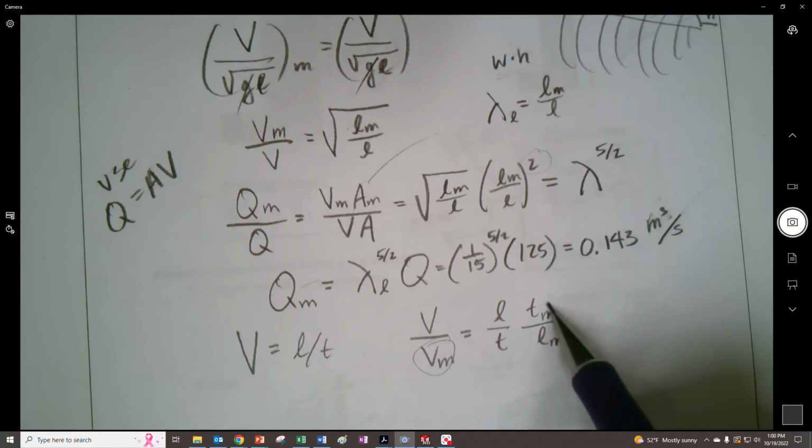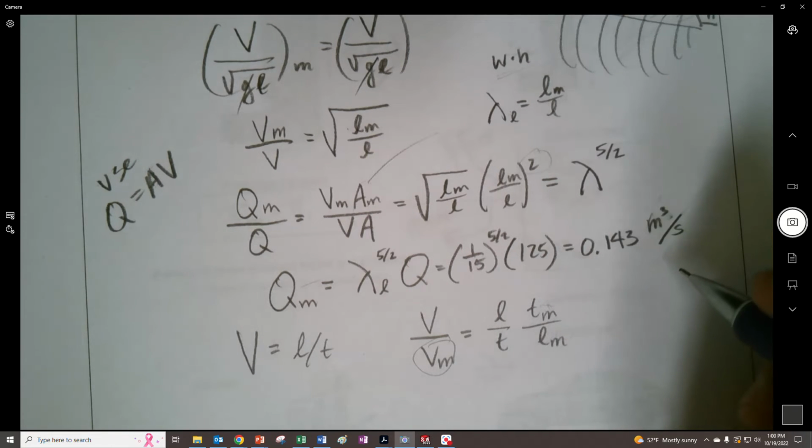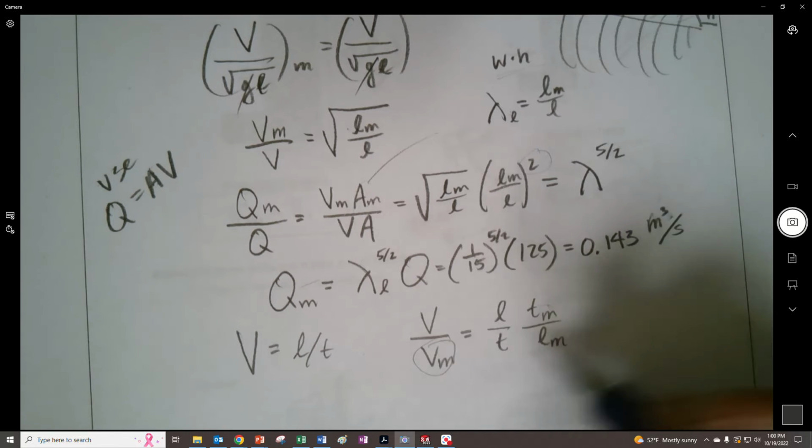It's in the denominator, so we have it right there. We could combine these together and move these back over to the other side.